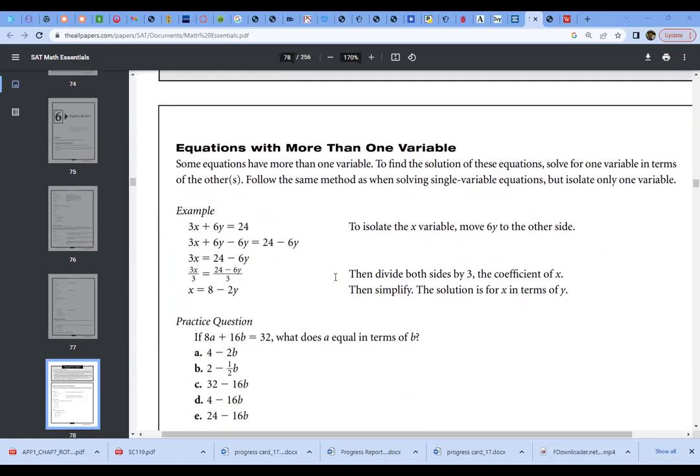In the SAT, mostly you're going to have two equations with two variables and you're going to solve to find the two variables. But sometimes you have an expression like this: 8A plus 16B equals 32. What does A equal in terms of B? Can you answer this, please?